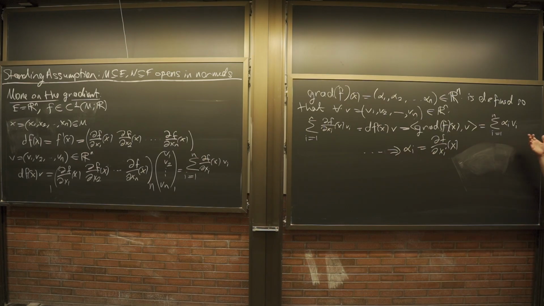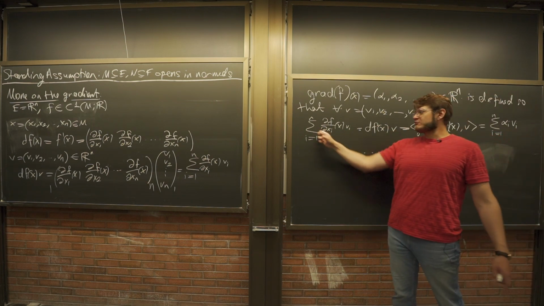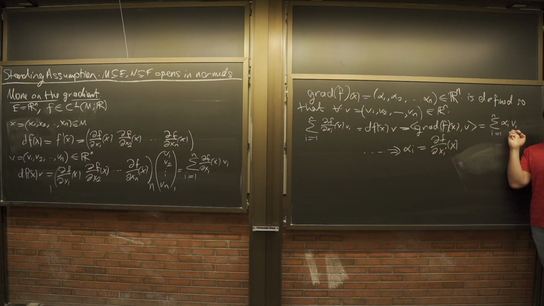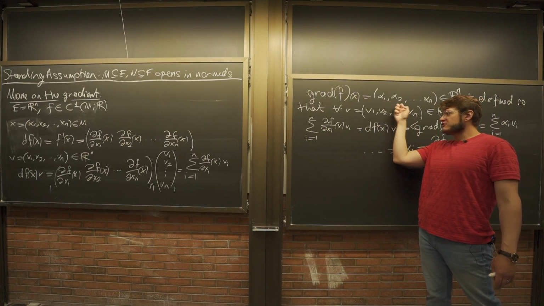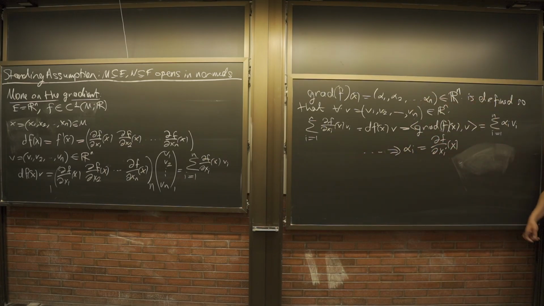I can choose v to be 1, 0, 0, 0, 0, right? If I were to choose 1, 0, 0, 0, this sum would be nothing but the first partial, and this would be nothing but alpha 1. Do we see this? And then I would switch over to the second standard basis, 0, 1, 0, 0, and then this would turn into the second partial of f, and this would turn into alpha 2, and so on.